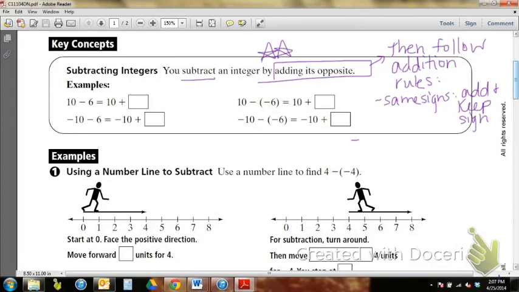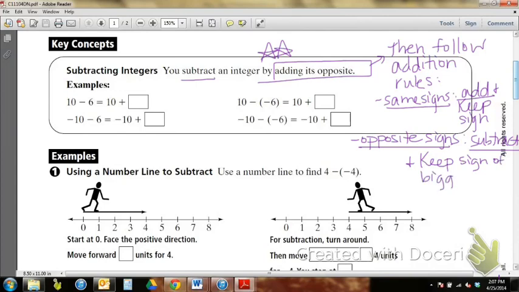If they have opposite signs, you subtract and keep the sign of the bigger number. But the whole trick to this is that first you have to add the opposite.